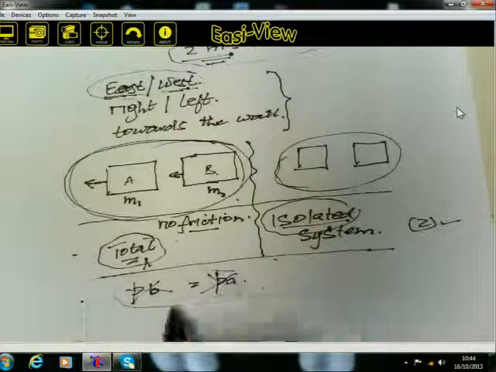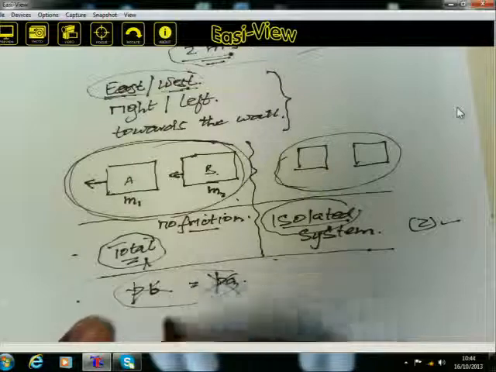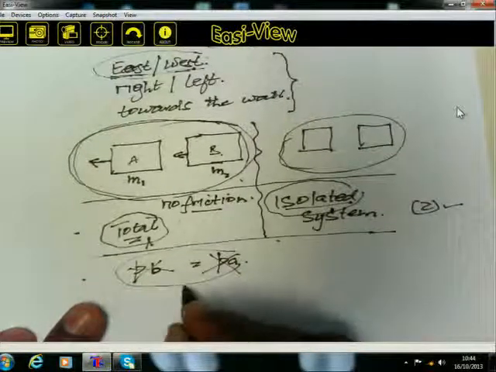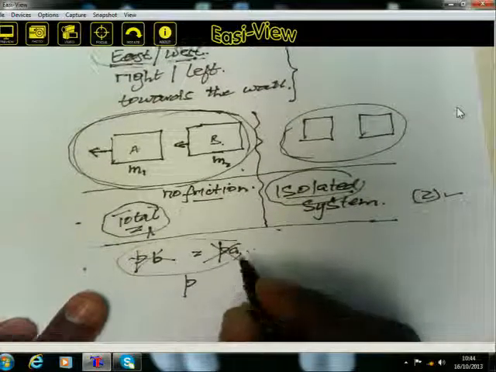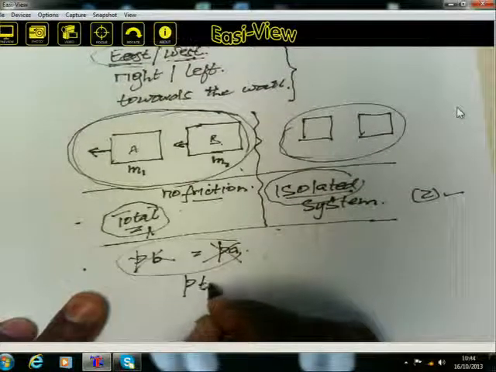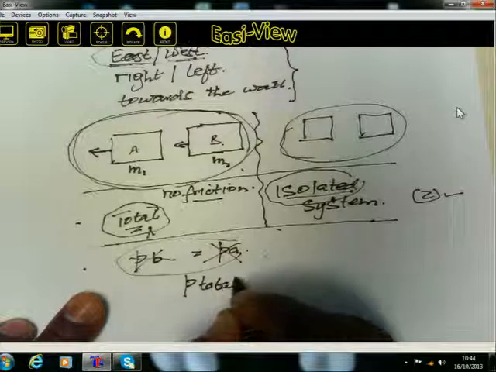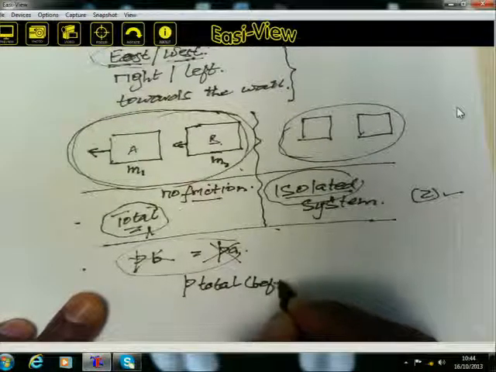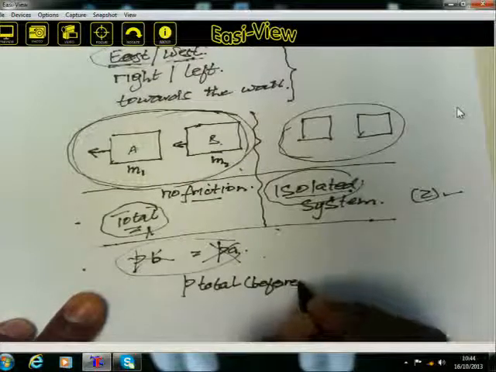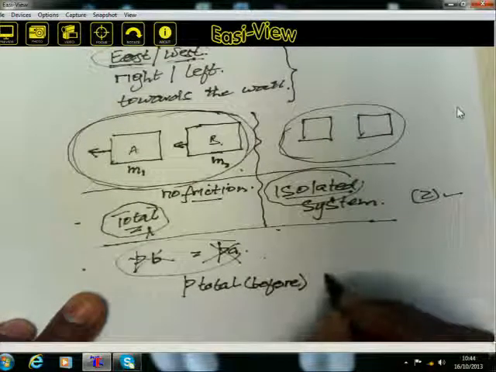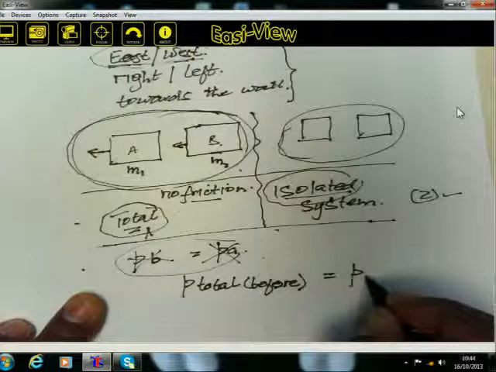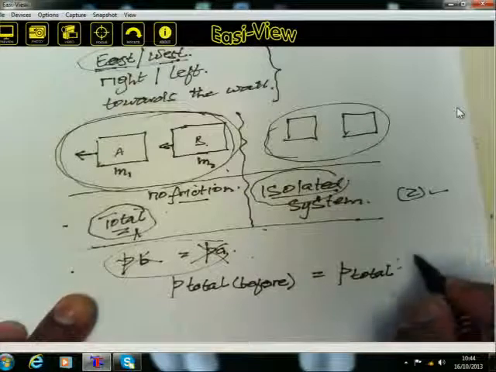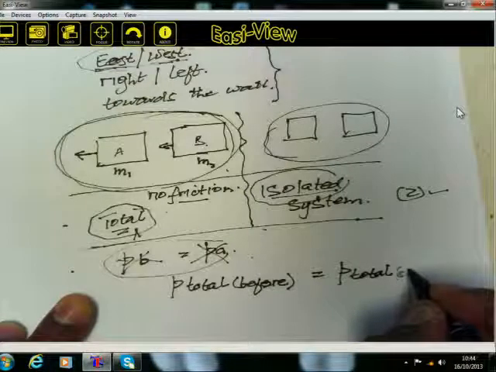We do not take that. In the application of this law of conservation of momentum, we say the momentum, in other words, the total momentum of the system before, and we write that in full, before the collision is equal to the total momentum after the collision.